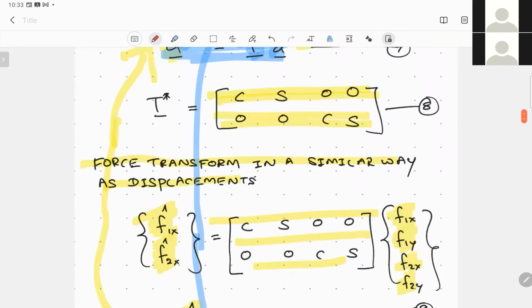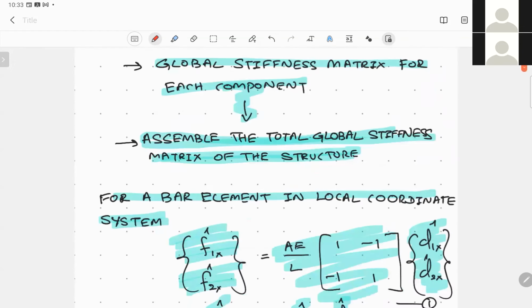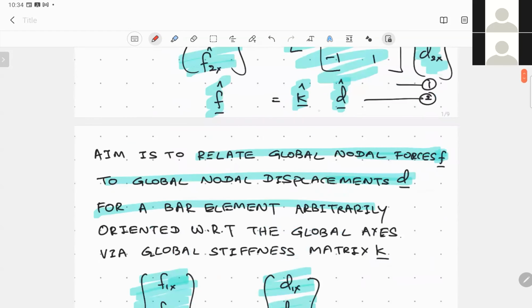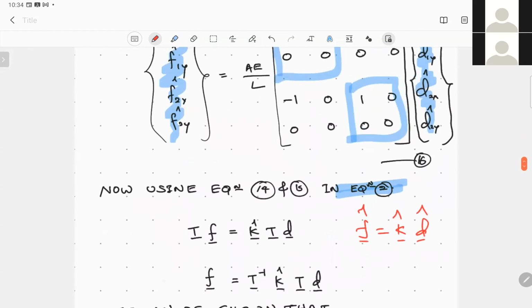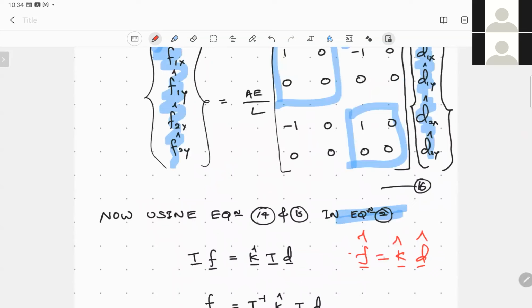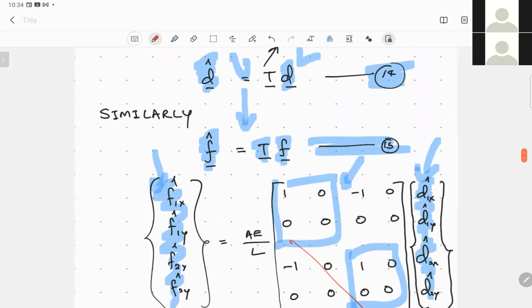If I'm not mistaken, this is equation number 2. We have expanded this and obtained solutions for f hat. We have considered the total degrees of freedom of the element, and we have expressed d hat here.